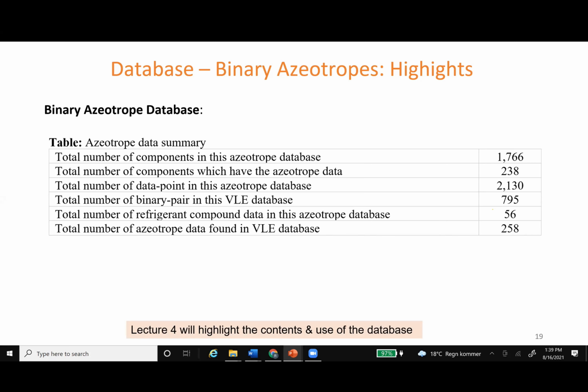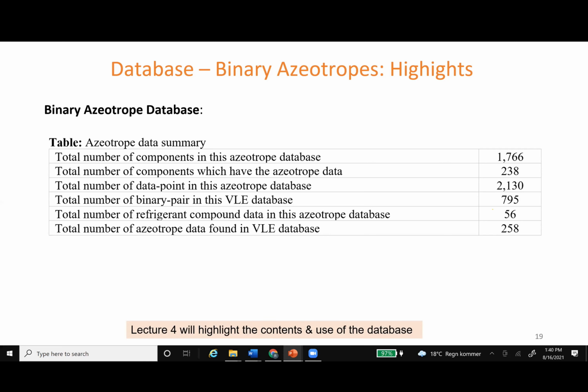That would have been all the possible binary pairs. But out of this, we only found 238 for which binary data has been measured. So measured data is lacking, and that also creates problems for further studies. And among that, 258 isotope points have been found. And we will discuss this question of isotopes afterwards.